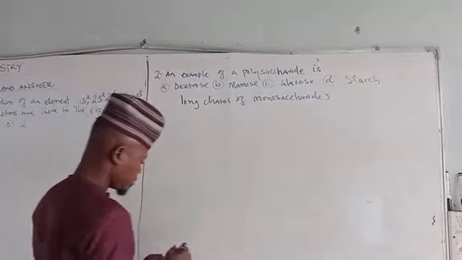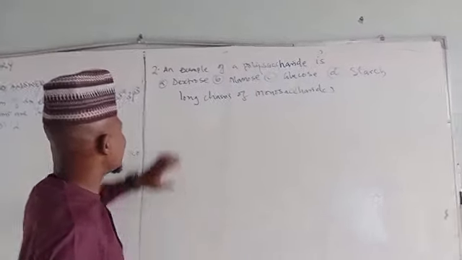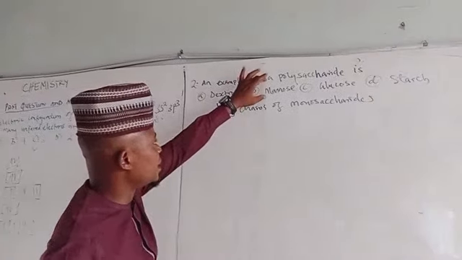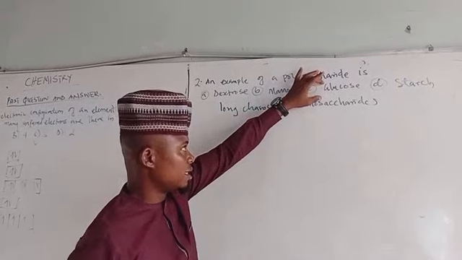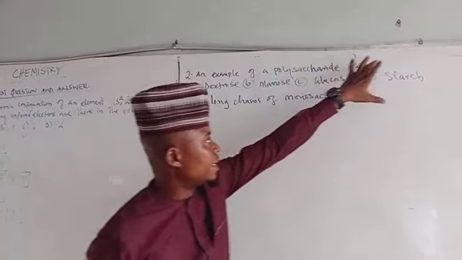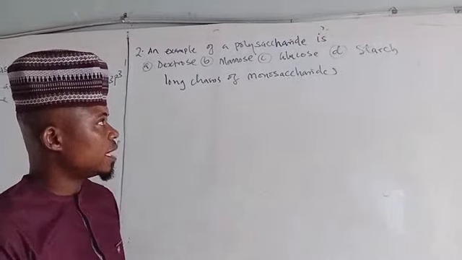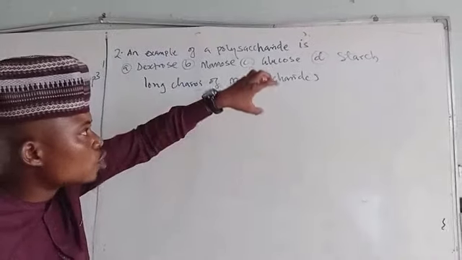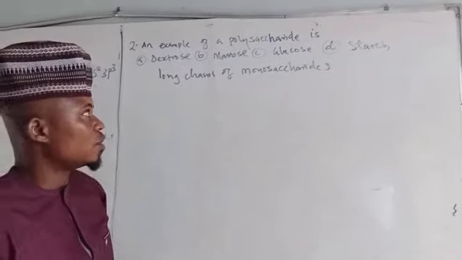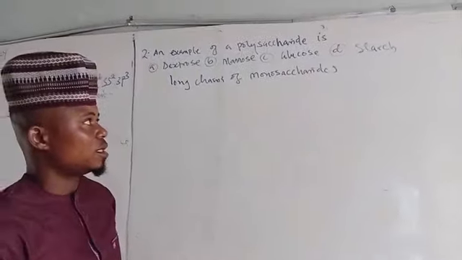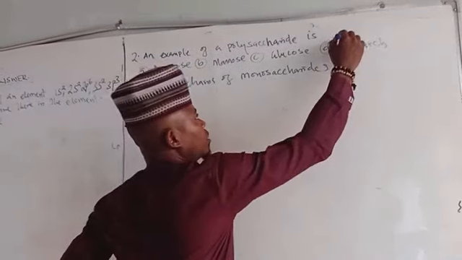So from that, you know that this is a disaccharide, this is a disaccharide, and this is a monosaccharide. The only polysaccharide we have here is starch. Polysaccharides like starch, glycogen, and cellulose have glucose as their basic unit, formed by glycosidic bonds. So the correct answer here is option D.